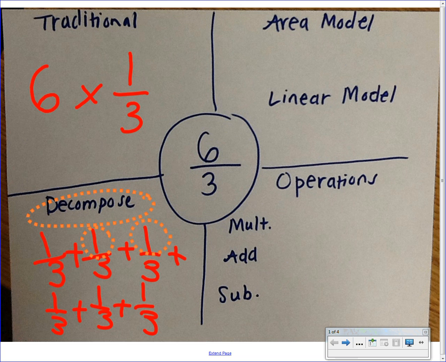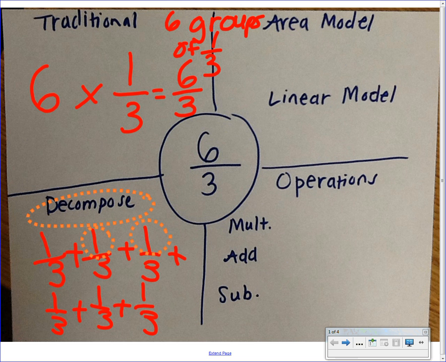So we would write that as a traditional thought: 6 times 1/3, and that would give us 6/3. 6 groups of 1/3. Sometimes it makes it easier if up here you just write 6 groups of 1/3.